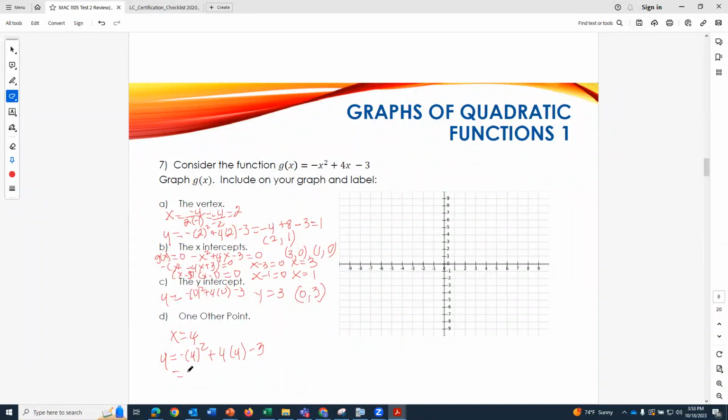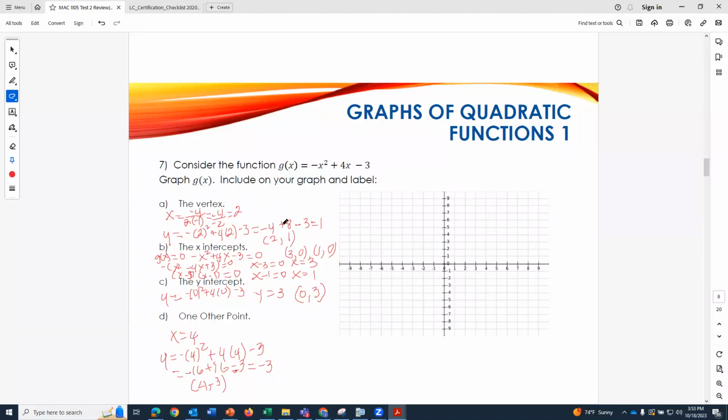That will be negative 16 plus 16 minus 3, which equals negative 3. So my point will be 4, negative 3.